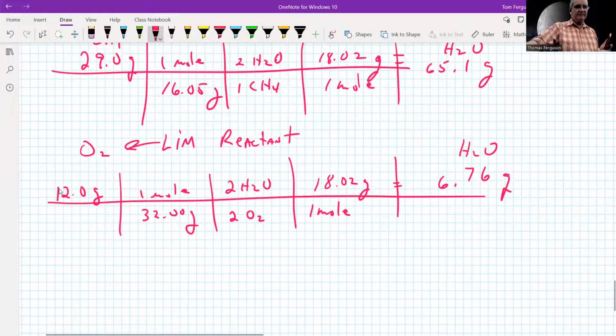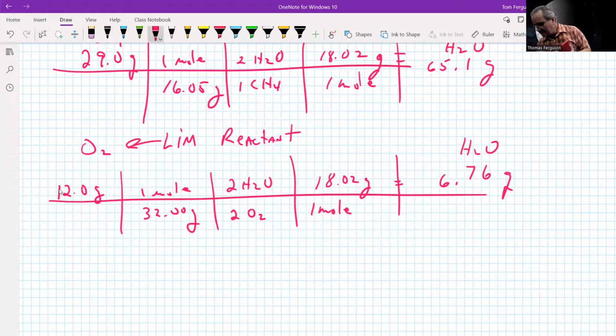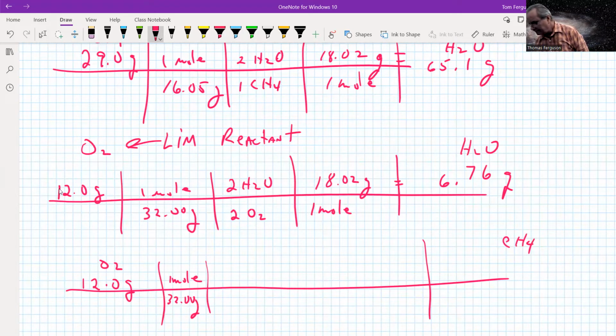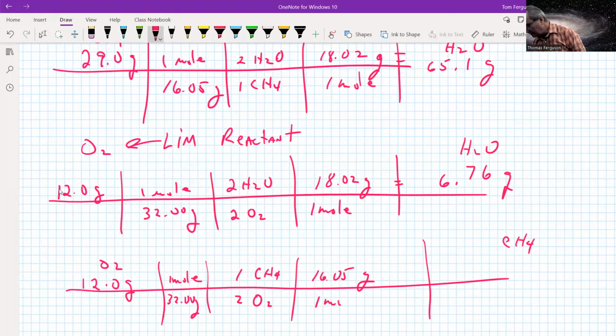So how much do we have left over? Well, first step is to calculate, if we use 12 grams of oxygen, how much methane are we going to consume? So we're only going to use 3 grams of the methane.